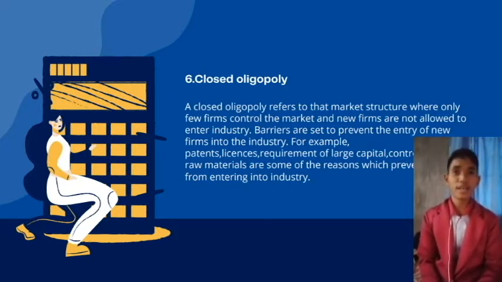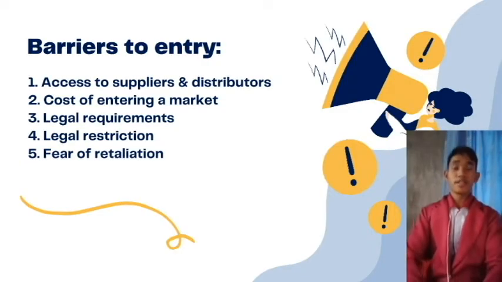Hindi ka basta agad makakapasok, like large capital. Kailangan mo ng malalaking capital. Katulad ng mga Toyota, hindi ka basta-basta makakabenta ng mga sasakyan kung wala kang license. Hindi ka pwede magbenta agad ng maraming sasakyan para makapasok din diyan sa industry.